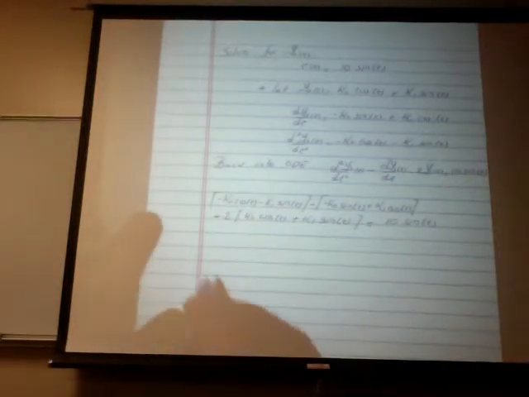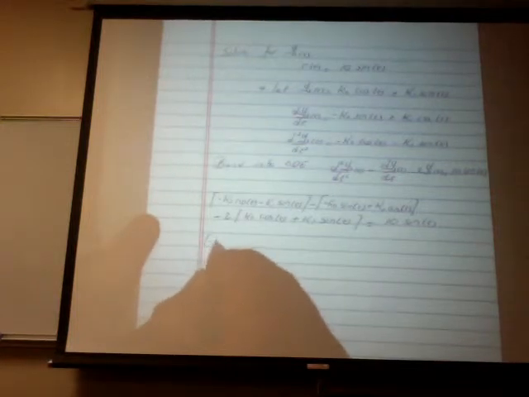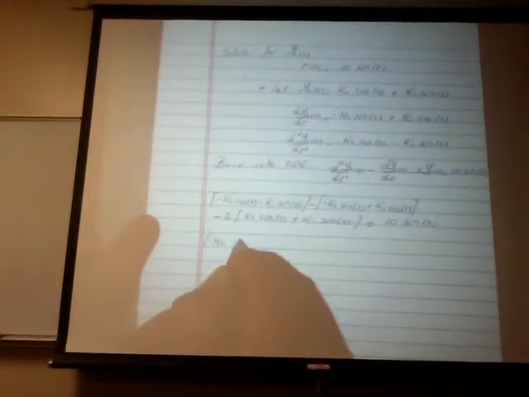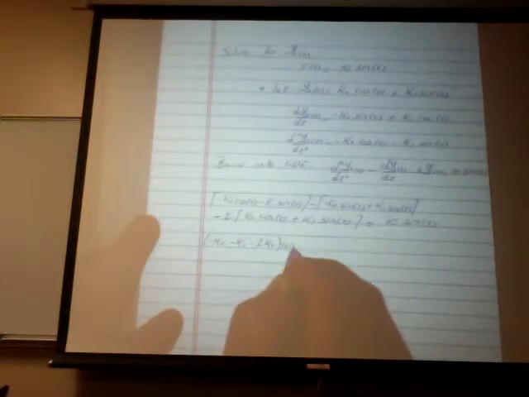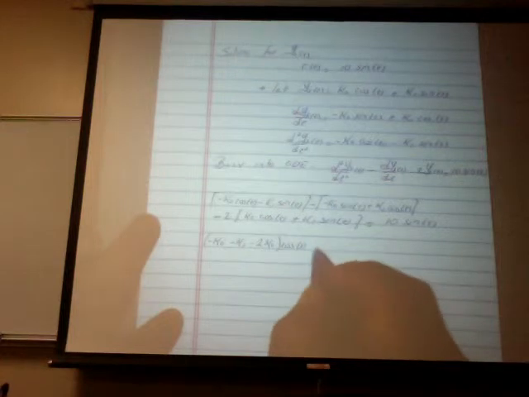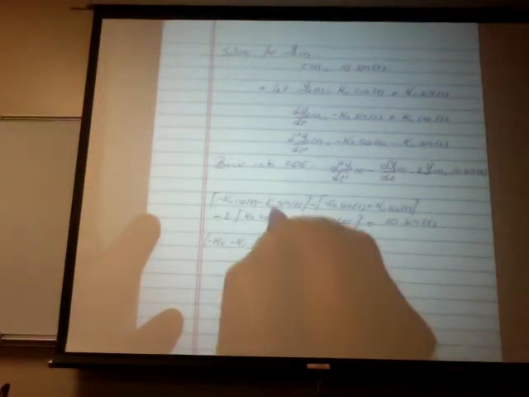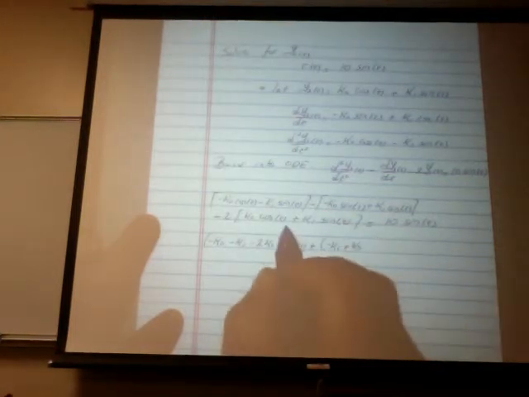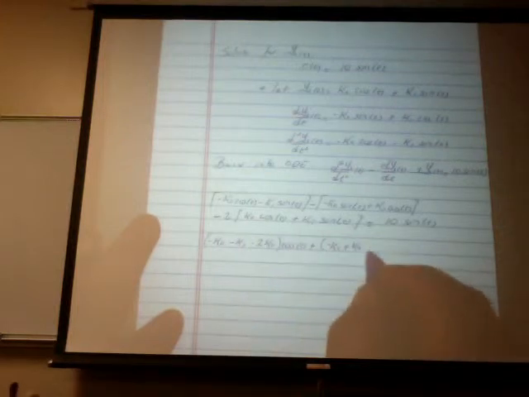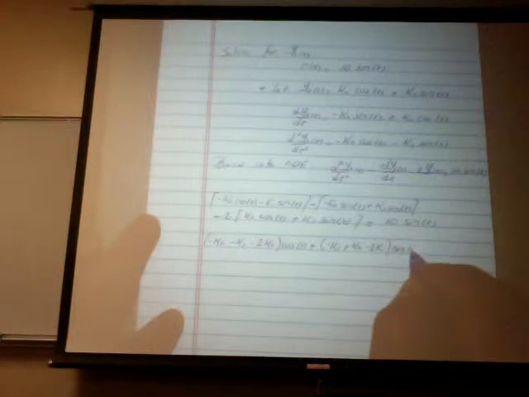So we have minus k0 minus k1 minus 2k0 multiplying the cosine of t, and then we have minus k1, we have plus k0, and then we have minus 2k1 multiplying the sine of t, and that's equal to 10 sine of t.